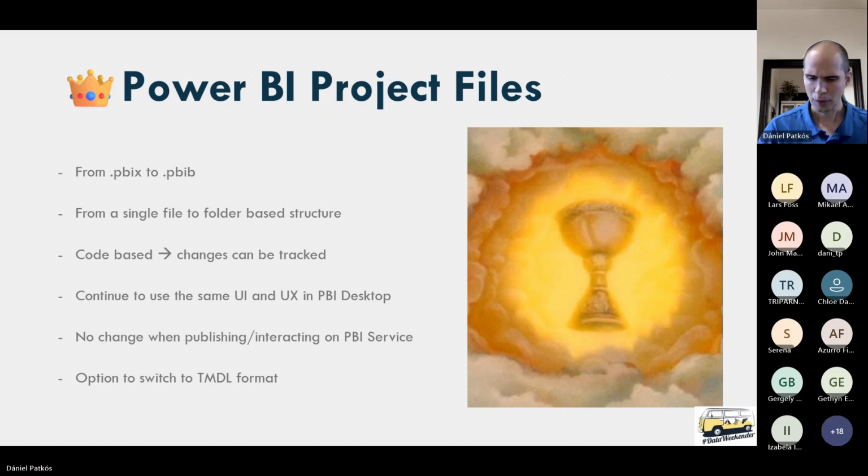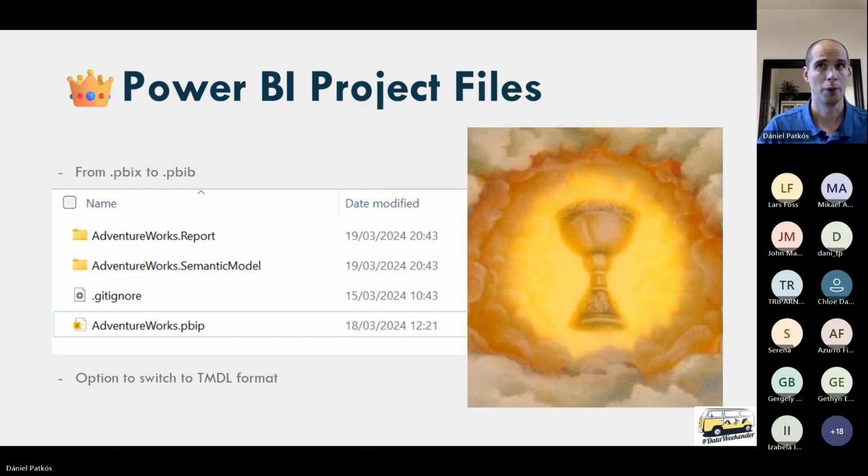So what it does, essentially, instead of saving your Power BI project in one file, which has the PBIX extension, it creates a structured folder format and saves the files in PBIP format, but also saves the files related to the semantic model or related to your reports in separate files.